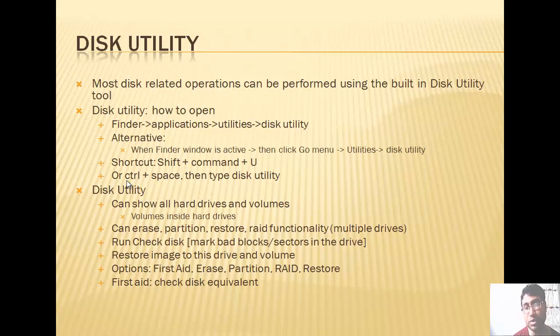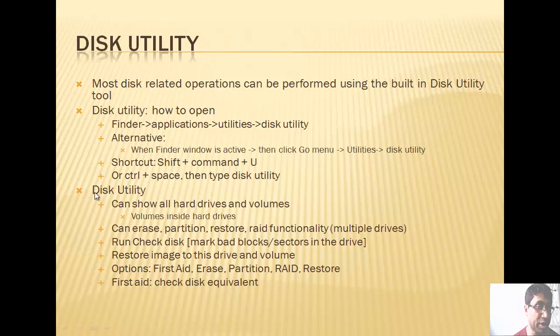When you have multiple hard drives, you can create this RAID, I think, for mirroring or striping, all those kinds of things. You'll also see options to repair your disk that will scan your hard drive and mark bad sectors or bad blocks, if any, in the drive. And you can also restore a disk image into this hard drive.